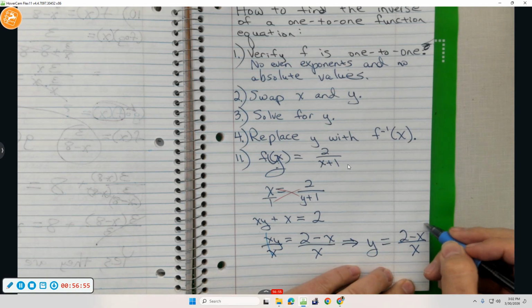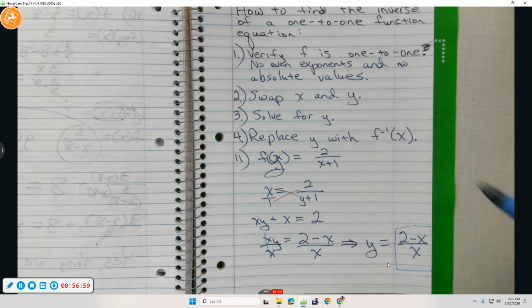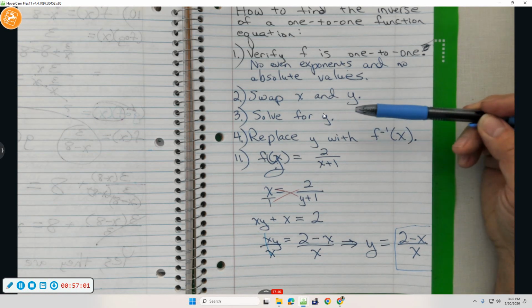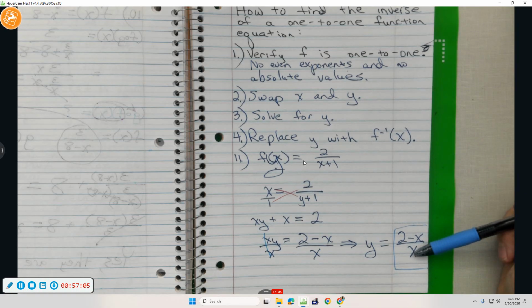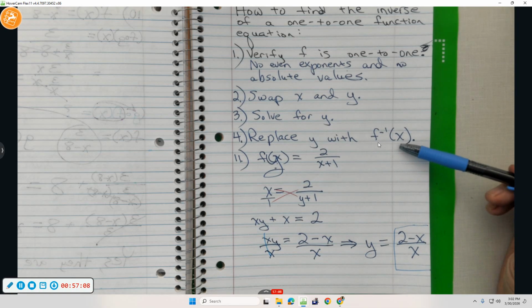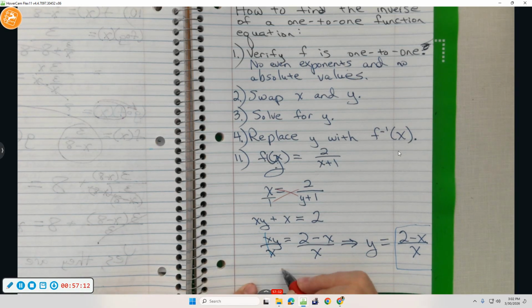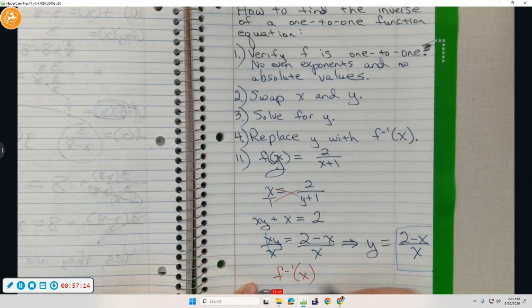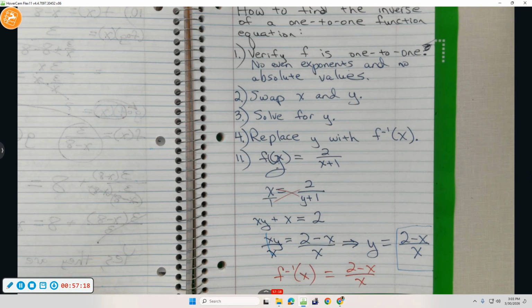And this stuff here is the final answer. Once you solve for y, the step on the other side is what you're going to be typing in. They've already given you that f inverse of x. You don't have to, I guess, if you wanted to write the whole thing out, there it is.